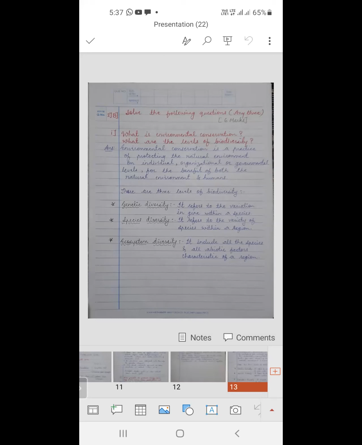So next one, question number 2B, second question. Identify the phylum of the animal shown in the diagram and write down its 2 characteristics.